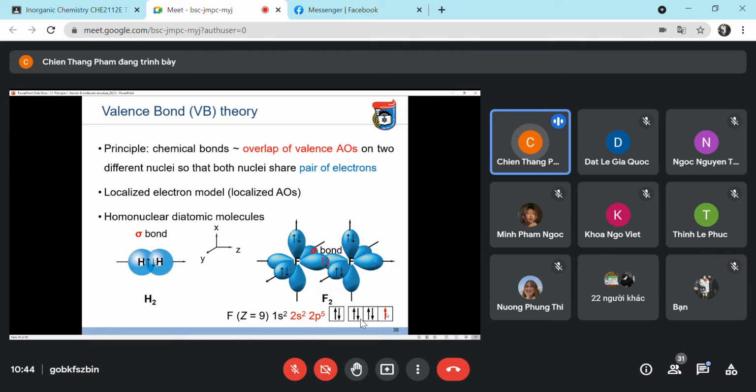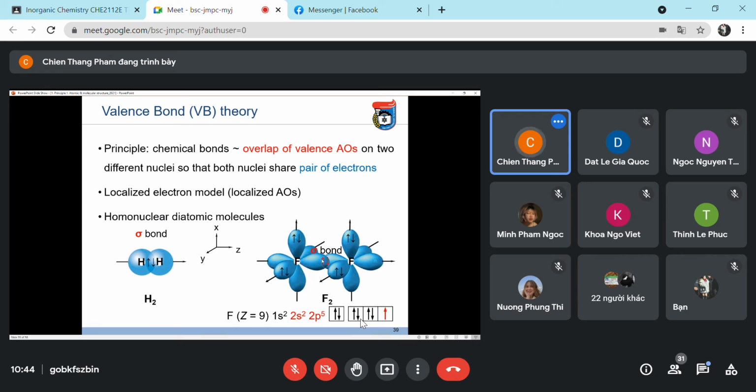First of all, because of fluorine, there is one unpaired electron in the 2p orbitals. It means that the two fluorine atoms can overlap each other to create the bond between two fluorine atoms by the combination of two unpaired electrons.